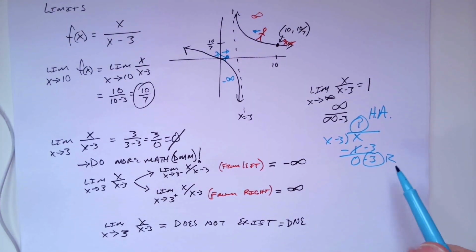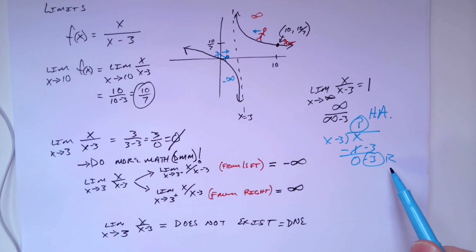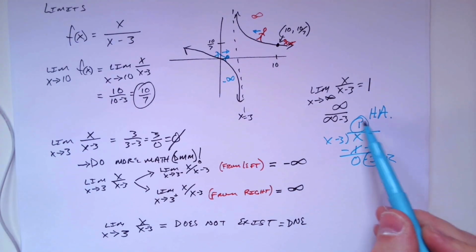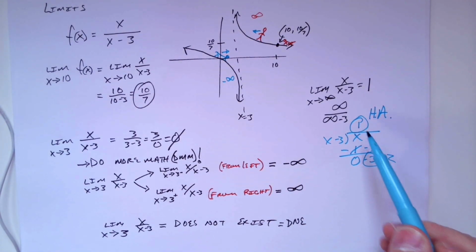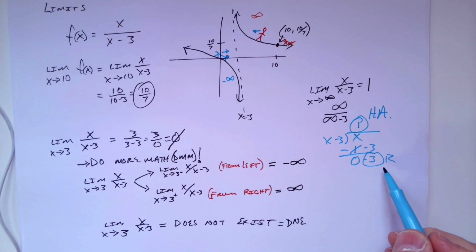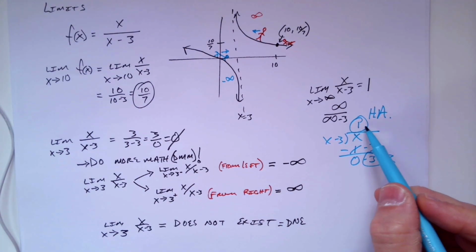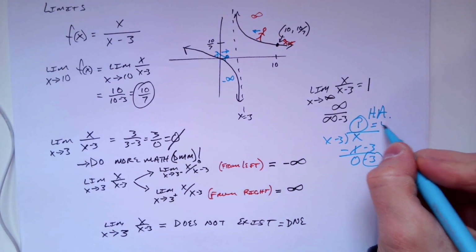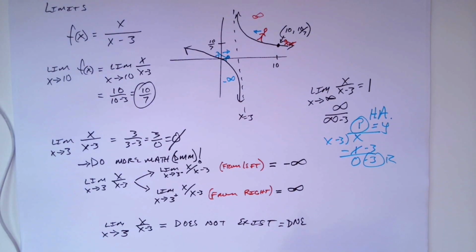Okay, and we know that because the remainder is a number, not an expression. Since this value up here has no variables in it, this is a horizontal asymptote because we got down to the remainder. The remainder just simply means that we're done. This piece right here is a horizontal asymptote, so y is equal to 1 is my horizontal asymptote.